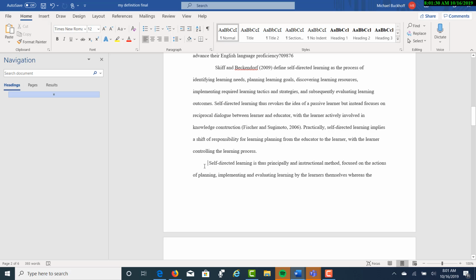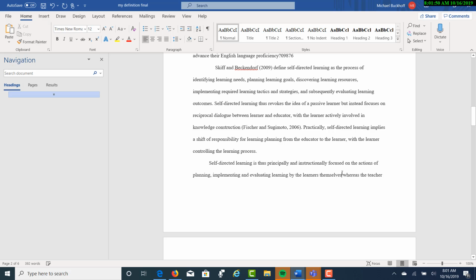Yes, self-directed learning is thus principally, you're having quite a few grammatical issues here. I would probably change it like this. Self-directed learning is thus principally and instructionally focused on the actions of planning, implementing, and evaluating by the learners themselves.